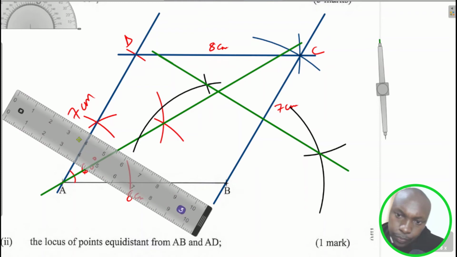Then take a ruler and join. Of course, it bisects line BC into 2 parts and also meets that line at 90 degrees. So that is part 2 of the question.